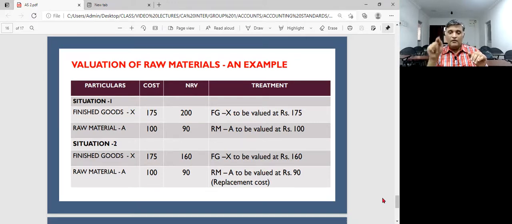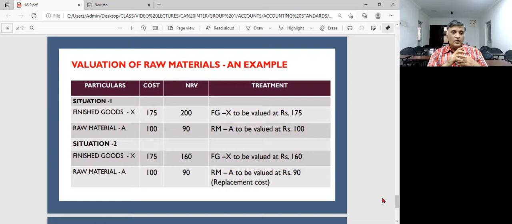So the principle I am adopting for valuing my finished goods X is cost, 175. If that be the case, you need to value the raw material A at cost itself. You cannot value it at NRV of 90, because the finished good of which this raw material is a part is getting valued at cost. So it is important that you adopt the same methodology for the raw material also.